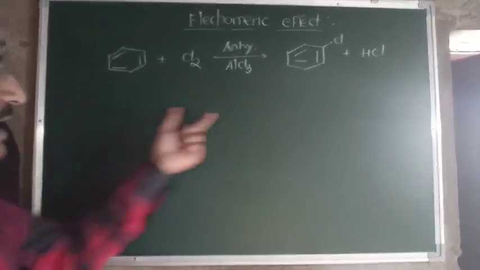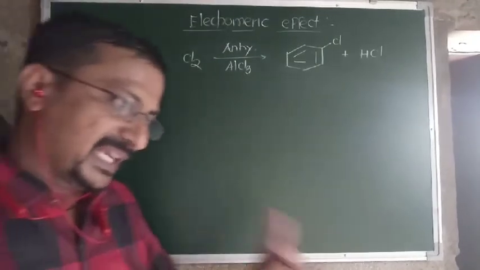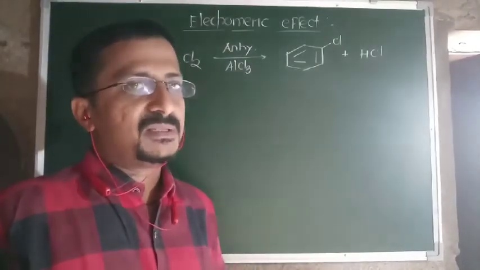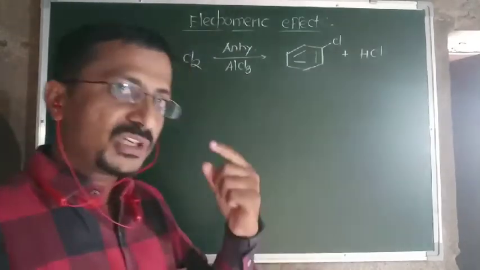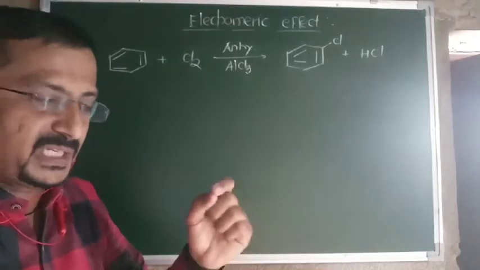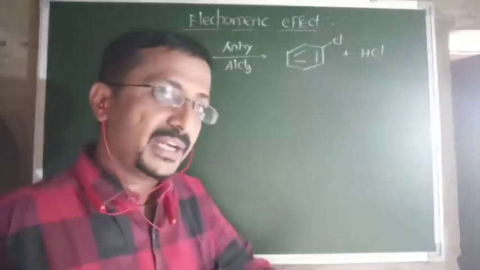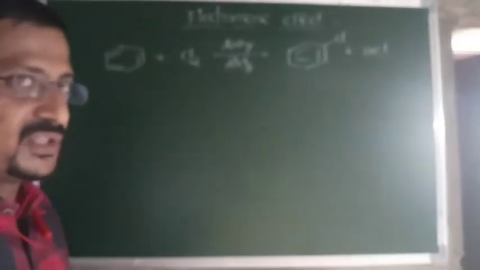Now if you look at this reaction, this is also explained by means of the electromeric effect. But as far as mechanism is concerned, the explanation of halogenation of alkene or alkyne and halogenation of benzene are different. In case of alkene or alkyne, it is an addition type of reaction. But the halogenation of benzene is not addition, it is a substitution reaction.